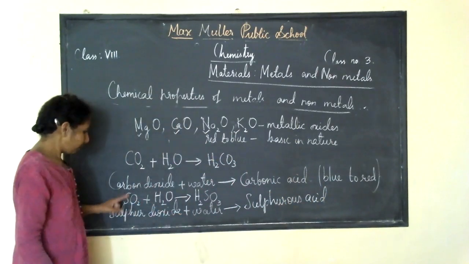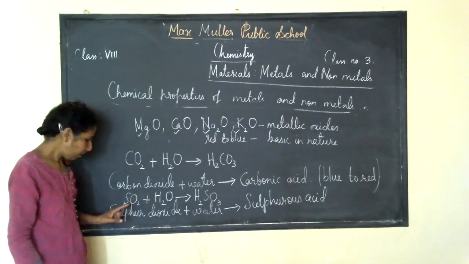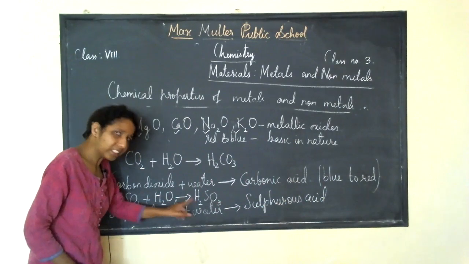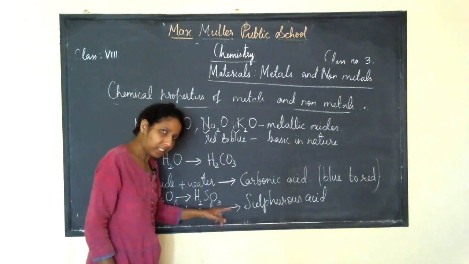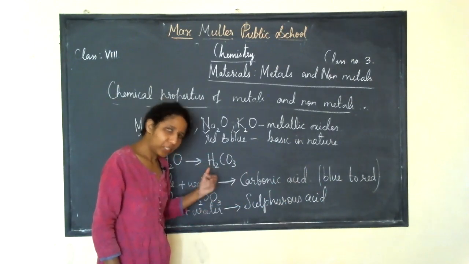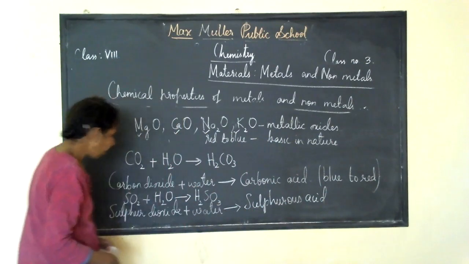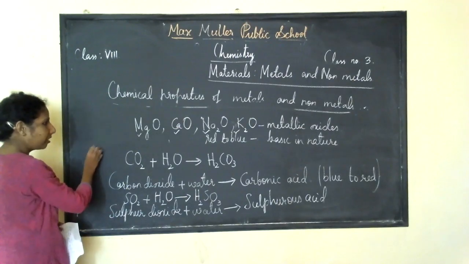Similarly, if you pass sulfur dioxide into water, sulfur dioxide reacts with water to form sulfurous acid. And if you perform the litmus test, this sulfurous acid turns blue litmus red, indicating it is an acid.